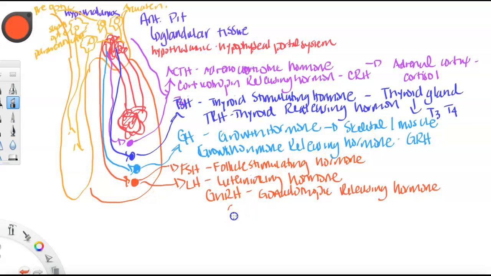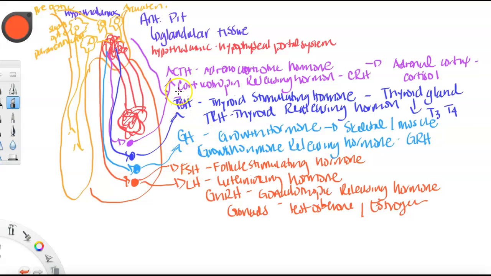So their targets are the gonads, and they stimulate the release of testosterone and estrogen. And they, of course, start sperm formation and follicle formation to make an ovum.